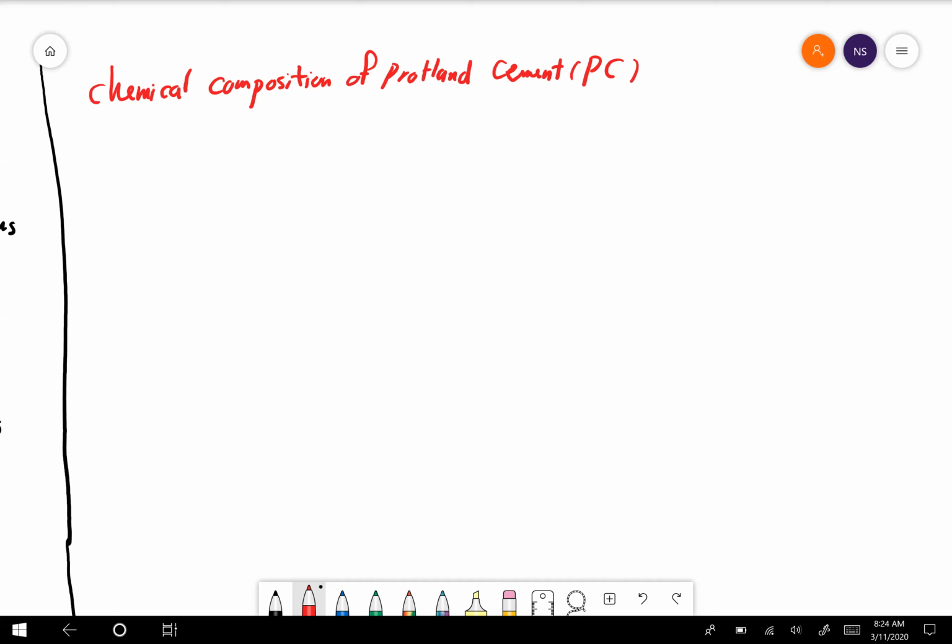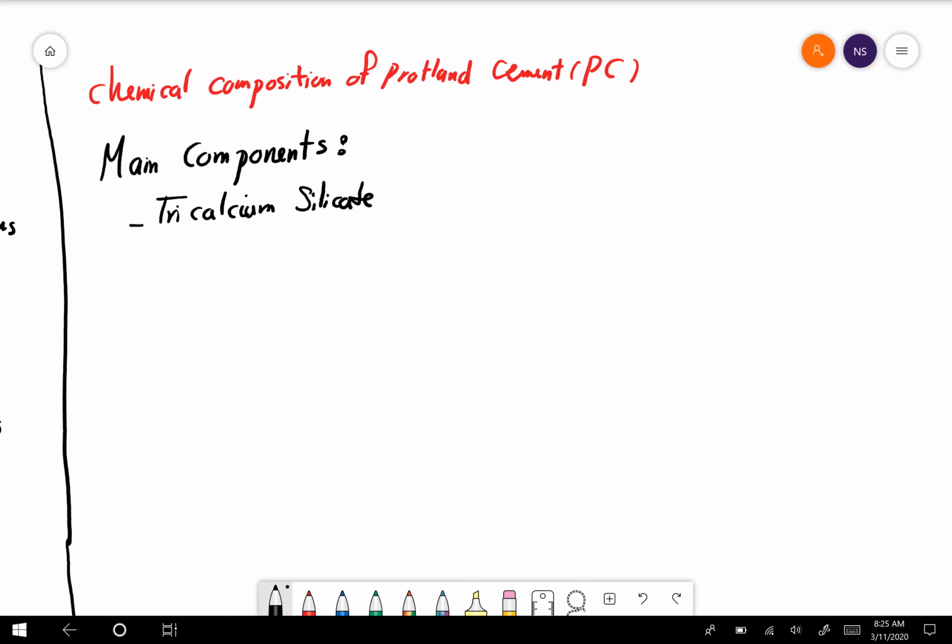First thing you need to know is, what are the main chemical components? The first one is the tricalcium silicate, C3S.